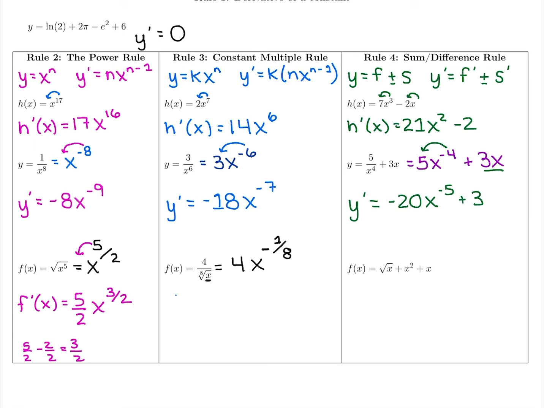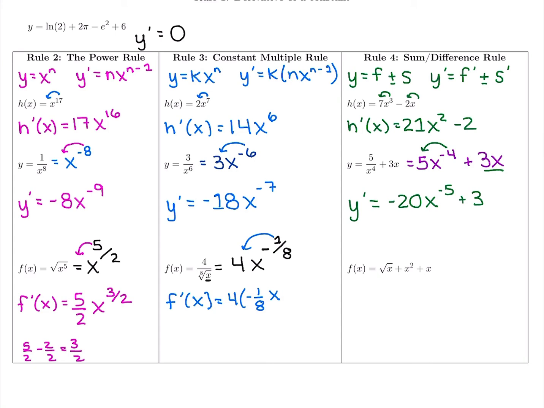Now we are all set to take the derivative. We are just going to keep bringing down the power and subtracting 1 for the new power. So I'm going to bring down the negative 1/8. I have 4 times negative 1/8. You could multiply this out if it's easy enough for you to do, like we did above. We said 3x to the negative 6. We multiplied that right out to be negative 18. This one you might not be able to multiply in your head, but you could use a calculator if you want to.